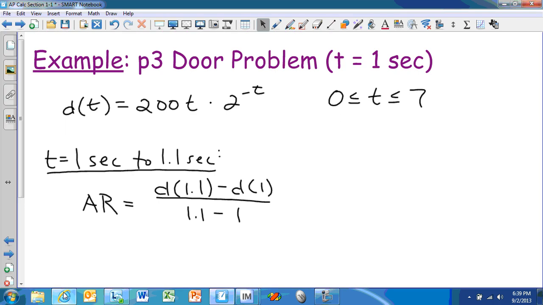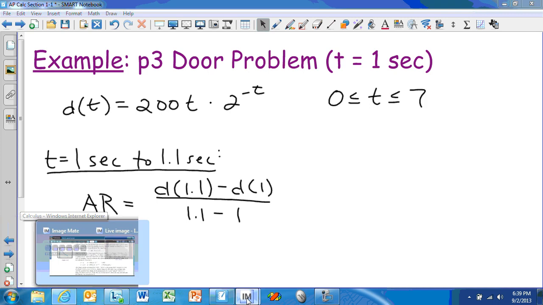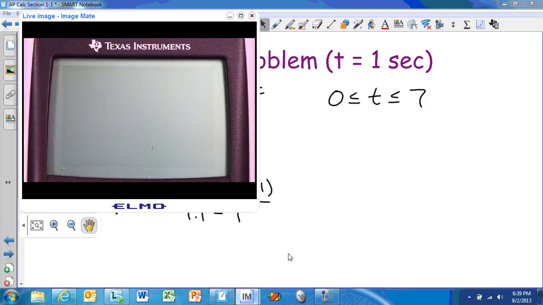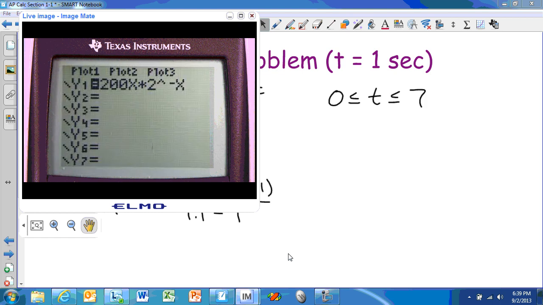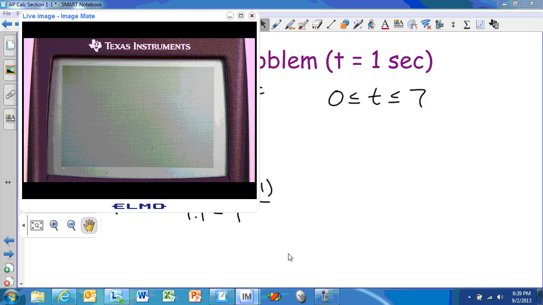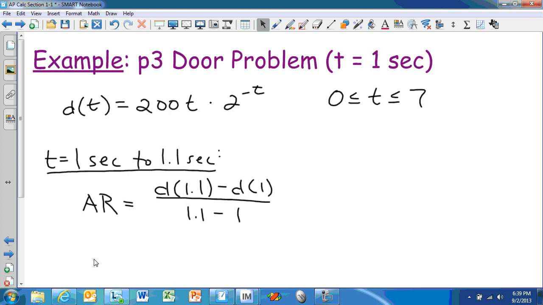We're going to use our calculator here and punch in the equation into y1. So grab your calculator and punch in the equation into y1. I already have it punched in there for us. And on your home screen, your calculator actually will evaluate a function using this function notation like you see that we have here in this problem.